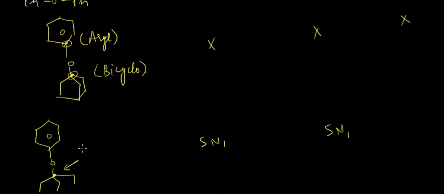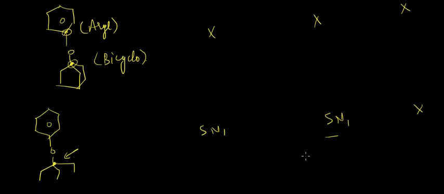So it would be very difficult to have an SN2 reaction or a nucleophilic attack, so it would also prefer SN1. But in this case, as SN1 is not supported because there is no hydrolysis, and SN2 cannot happen because of the huge steric repulsion, it won't be showing any products.